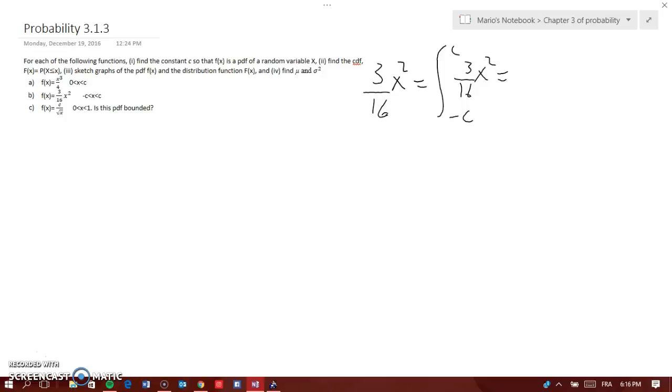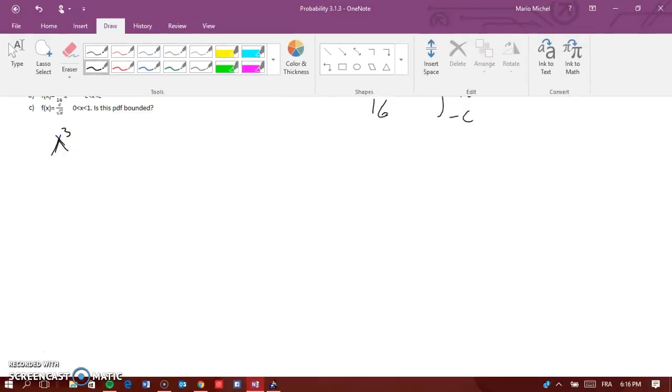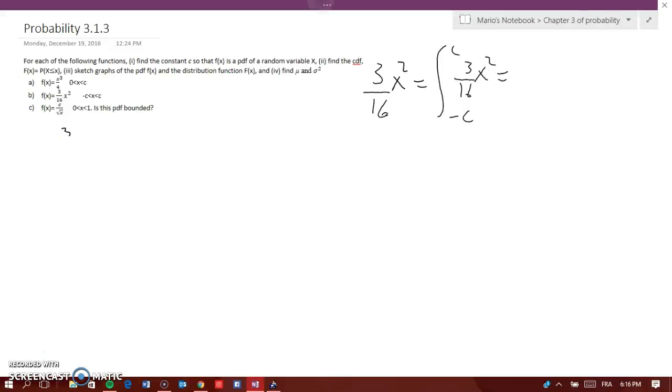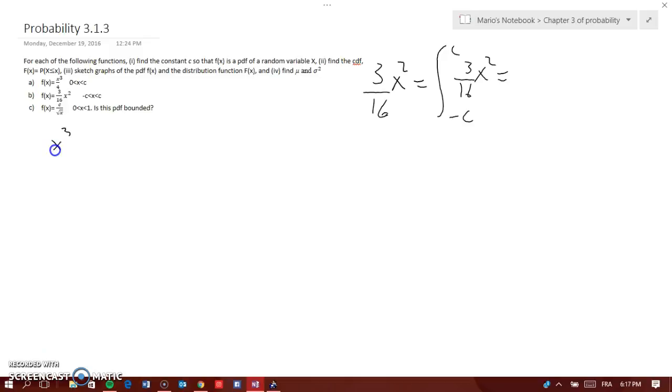Well, when you add 1 to 2, that would be x cubed, and divide by 3, that would be 1 over 16.